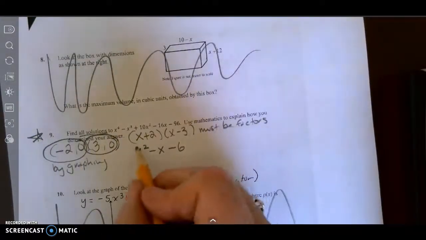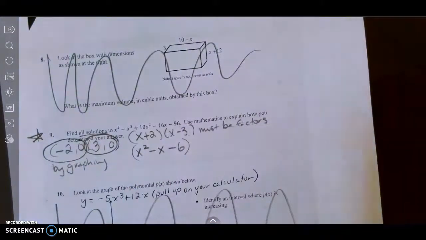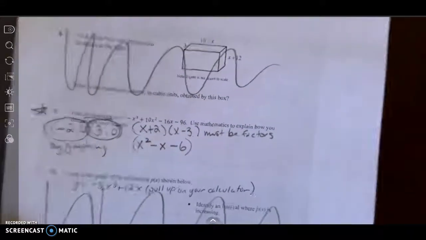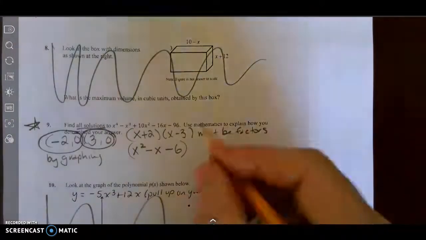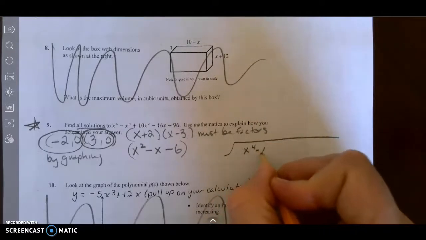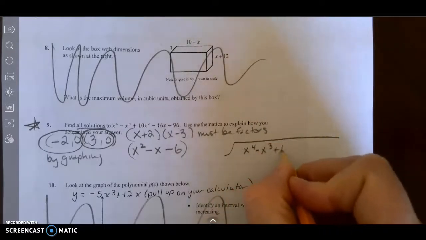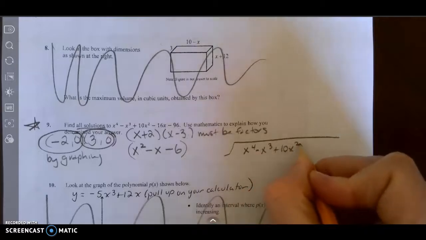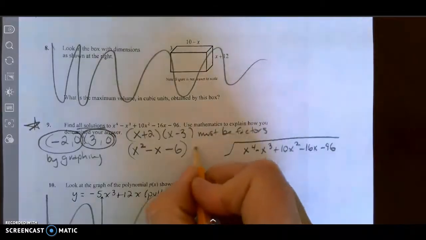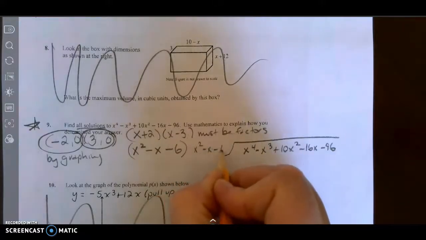So this whole thing is a factor. Since this whole thing is a factor, I can go ahead and divide x to the 4th minus x cubed plus 10x squared minus 16x minus 96 by x squared minus x minus 6.